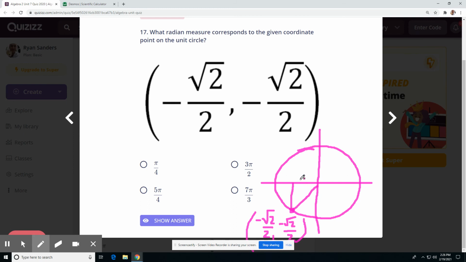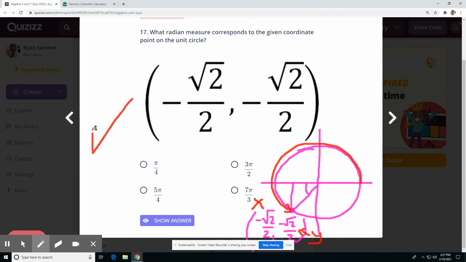What radian measure corresponds to it? The radian measure is going to be all the way around. This is the X. This is the Y. Go ahead and just break it down this way.